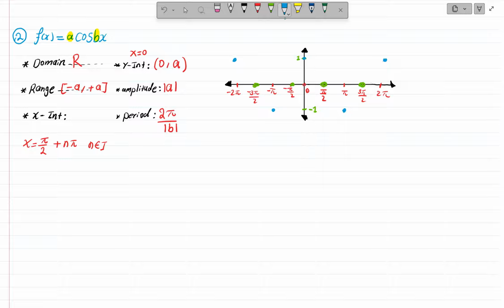So let's join all of these points, and it makes something like a U shape. Then the same thing here, passing through all of these points and makes another U shape. So this is the parent graph for cosine.